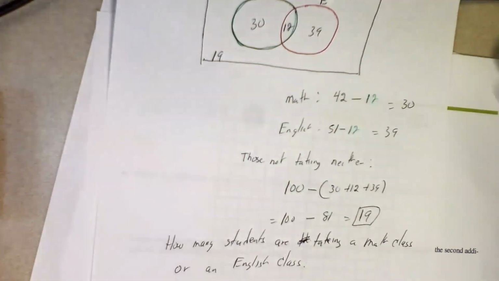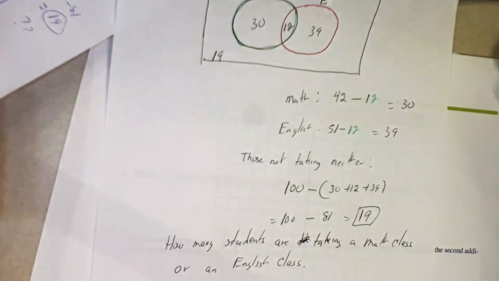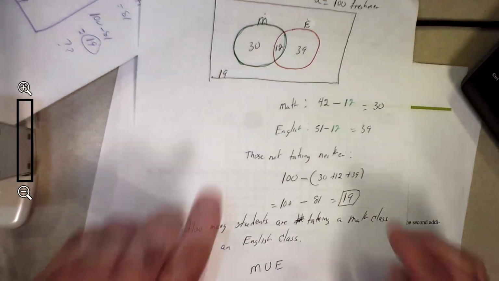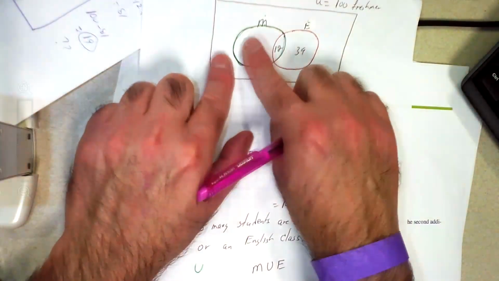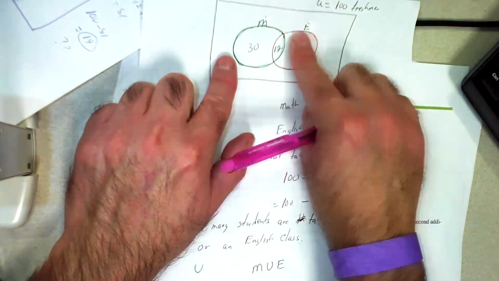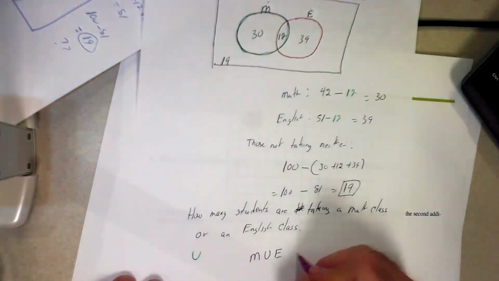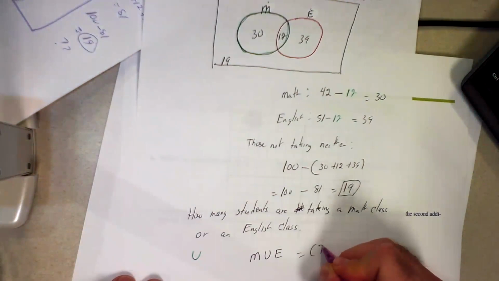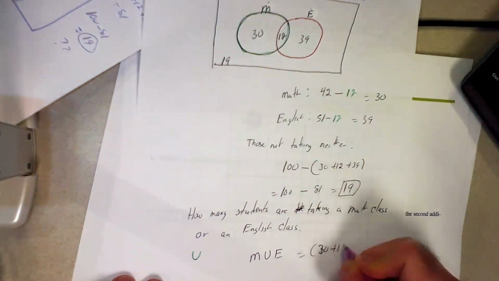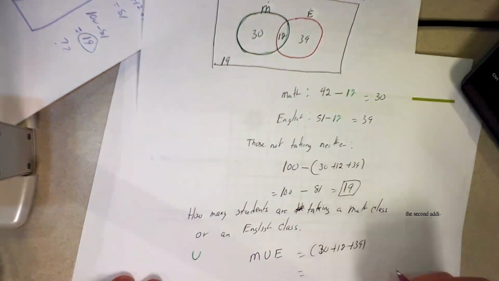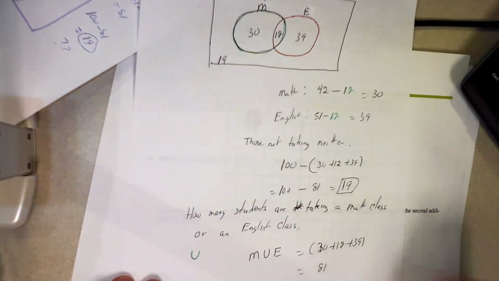So how do I do that? You're uniting them. So when you unite them, what you're doing is you're finding the sum of the two circles, the numbers inside the circle. So you're going to add the 30 plus the 12 plus 39, which gives us, I believe, 81.